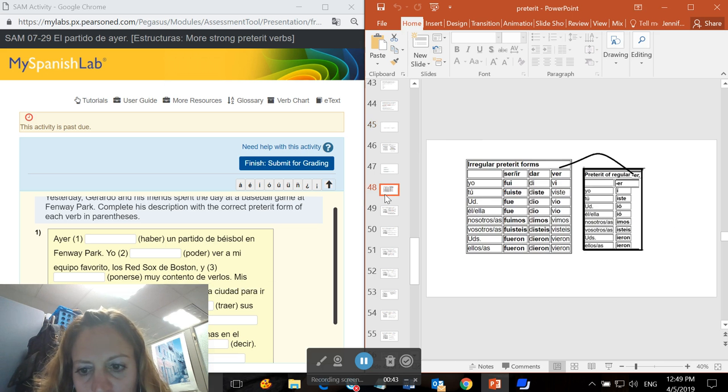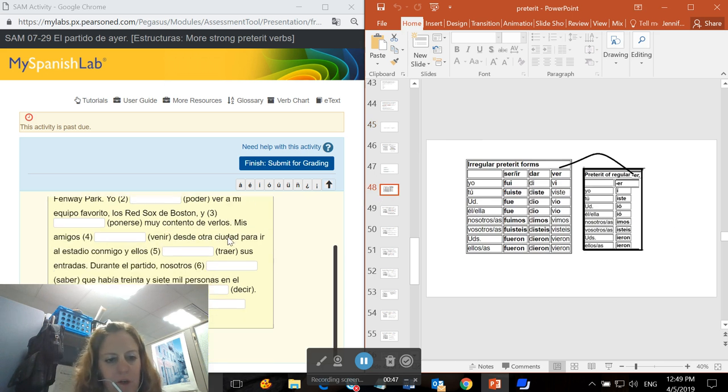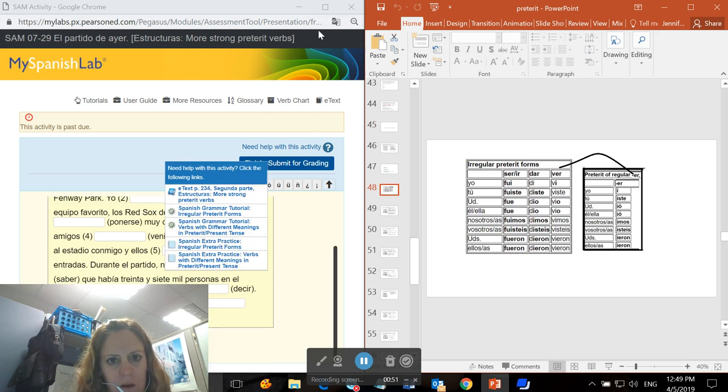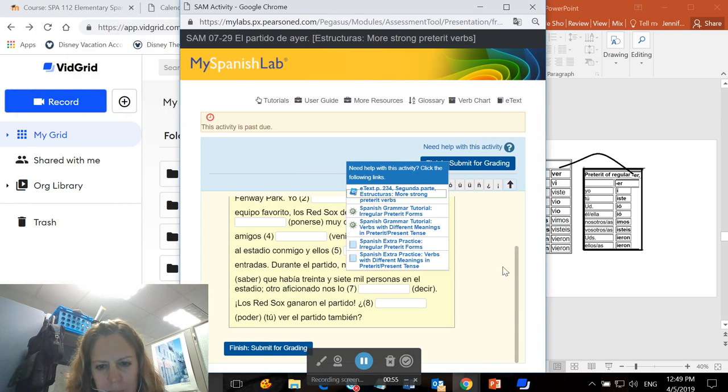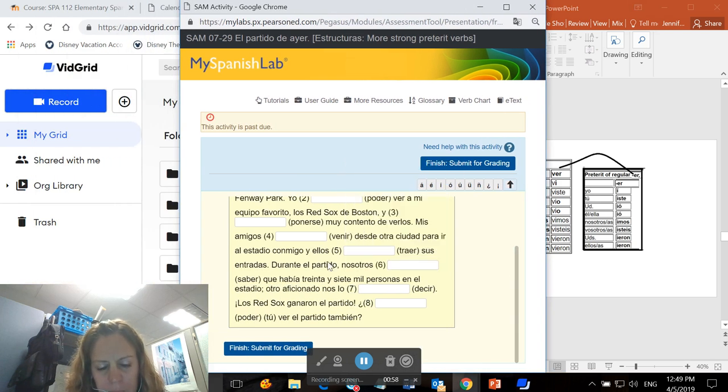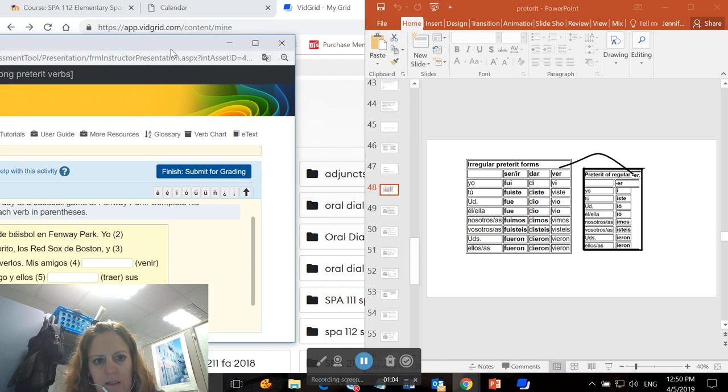The first set that they give you are ser, poder, traer, saber. Okay, so you don't have any of these guys. All right, so we're going to go down to the next set of them.